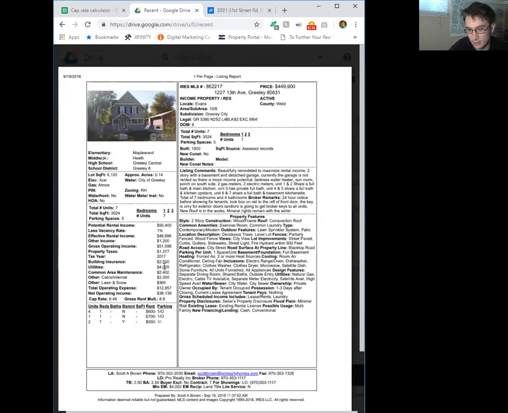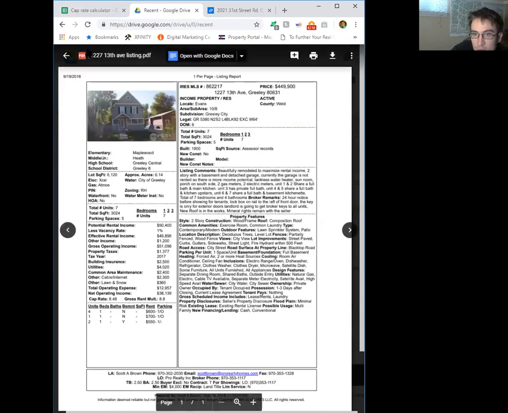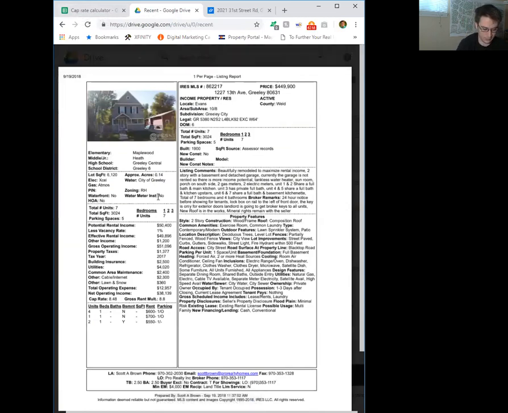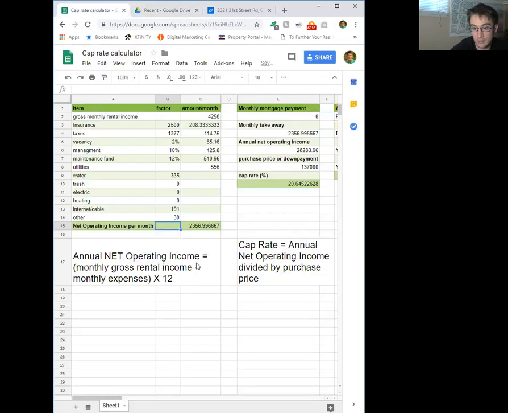I think that's all our expenses covered. Great. Oh, I forgot the common area maintenance, $2,400. We'll just add that to other as well. So we'll make this $230.